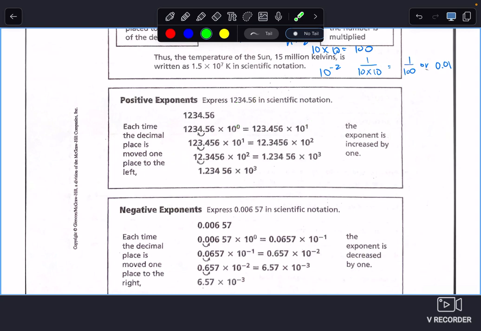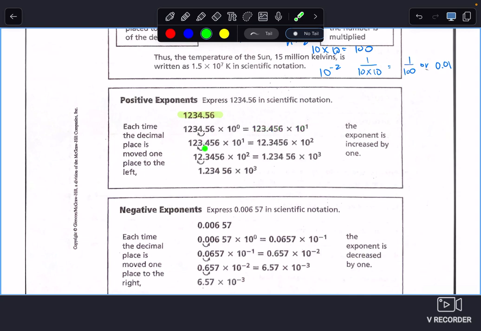So if you have the number 1234.56, each time the decimal place is moved 1 to the left, you have made this number look smaller by a factor of 10, and so you need to increase the original number times a factor of 10.